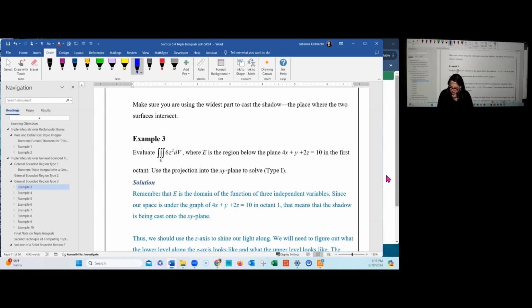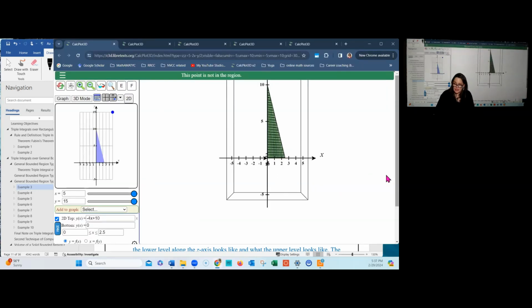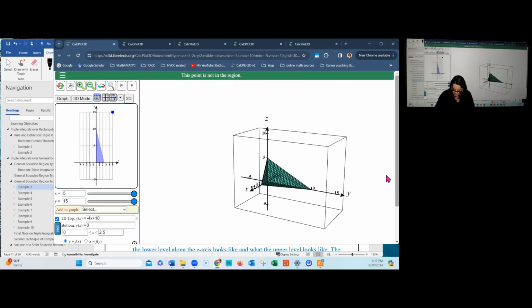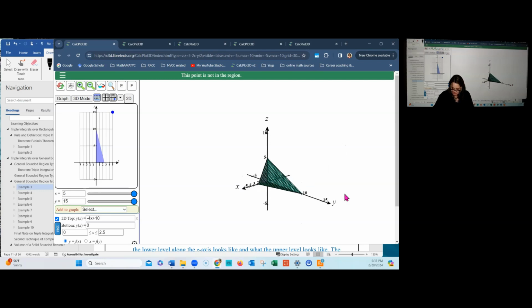Let's go ahead and take a look at this so that you can see again that it is in fact the top surface. That plane that you see there, and I'm going to take the box off, just hit B to get the box off. You can see that the top surface is that slanted plane. The back side of it is perfectly straight, right there, not coming down at an angle, because it's only in quadrant 1.